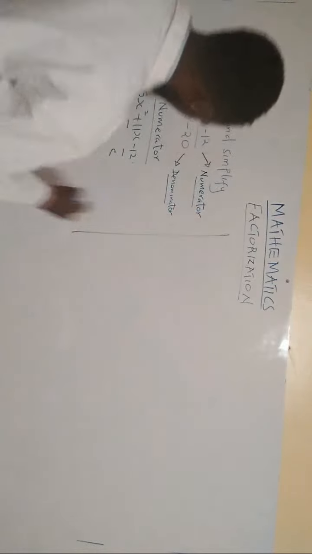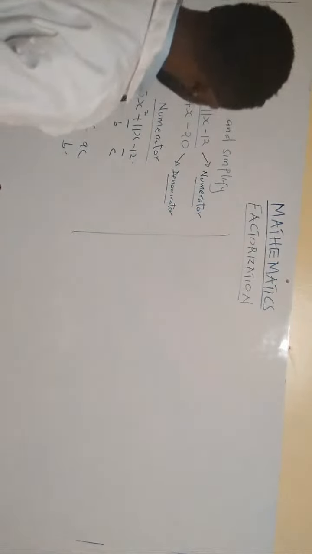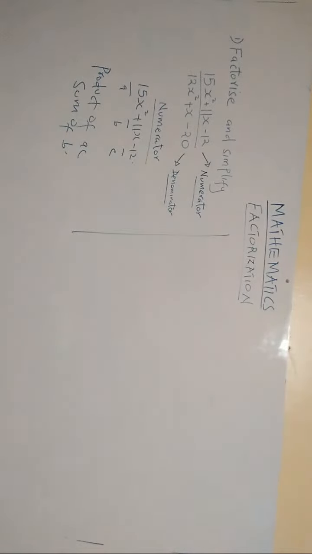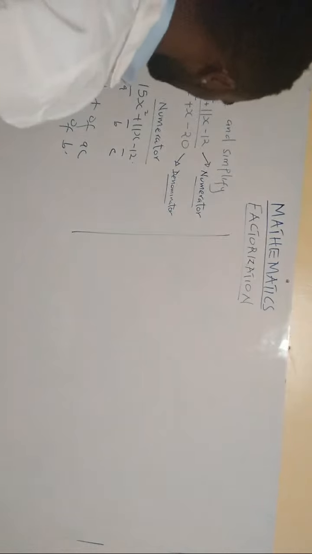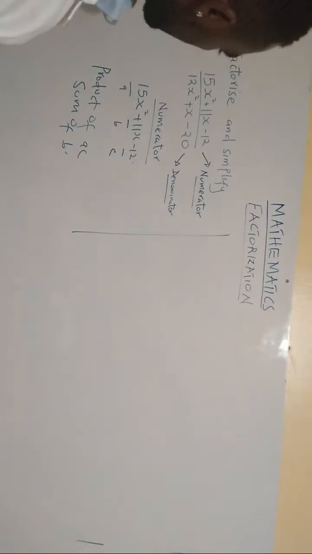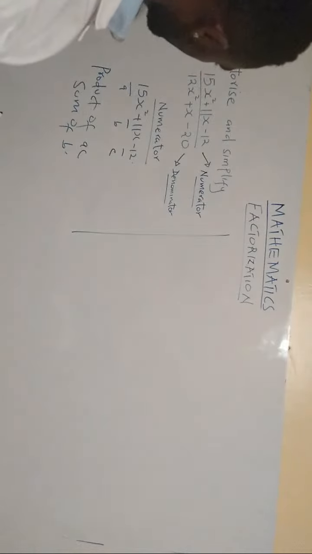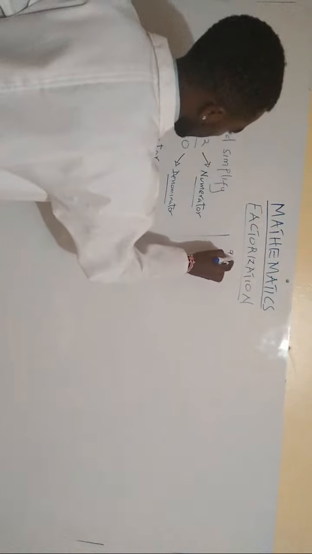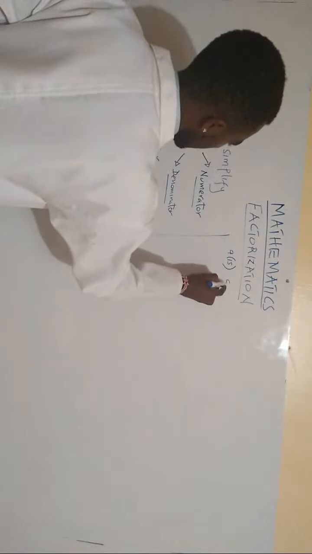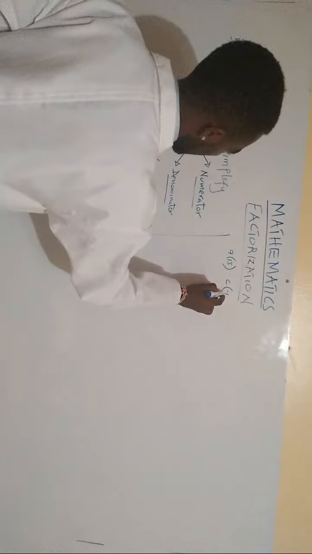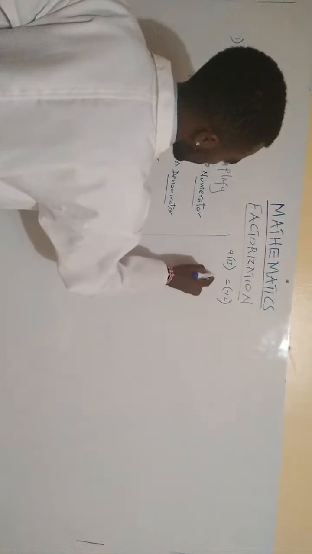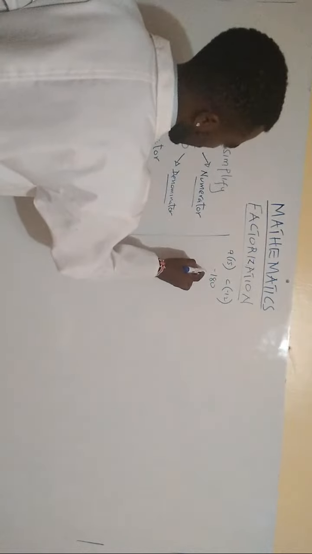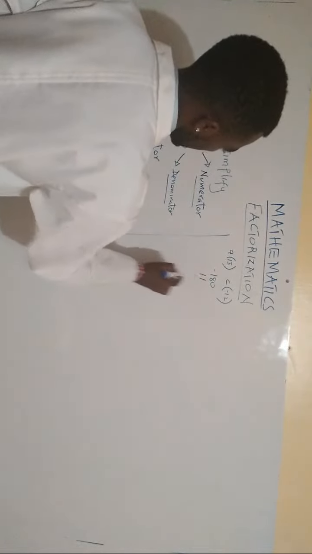The product of AC is 15 multiplied by 12, which gives 180, and it is negative. So A is 15 and C is negative 12. The product of these two is negative 180, and the sum is 11.